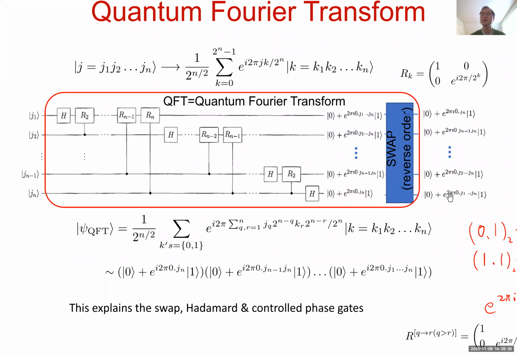The phase is such that one of the qubits has all the digits. Then you have n minus 1 digits, and you have 1 digit here. Okay, so that's the structure. This is called the quantum Fourier transform because it's doing this, J goes to a momentum space picture like that.